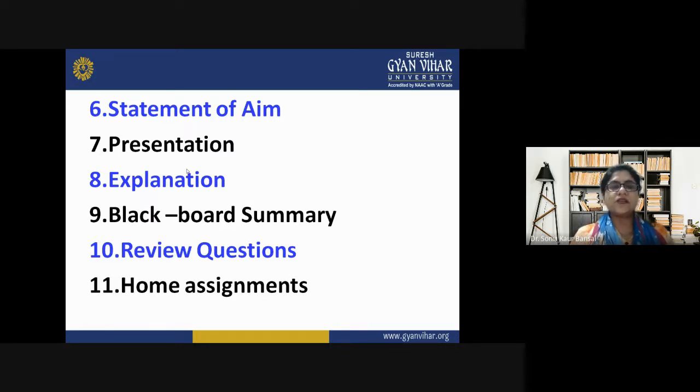So the presentation part involves all the steps which are given in detail in a particular format of a lesson plan.